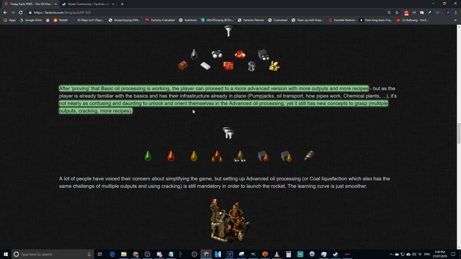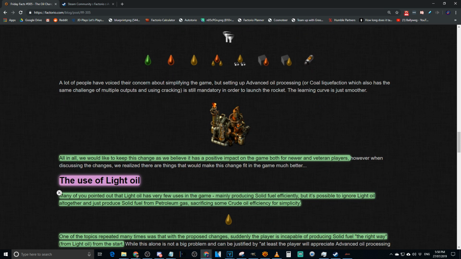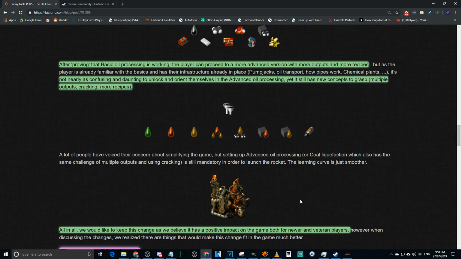So once you get oil processing, you can start getting things moved along, and when you go to advanced, you're going to unlock lube, heavy oil, which basically only has a point of going to lube, and light oil, which hopefully goes towards your solid fuel, and the different cracking processes. So yeah, I think I like the change.